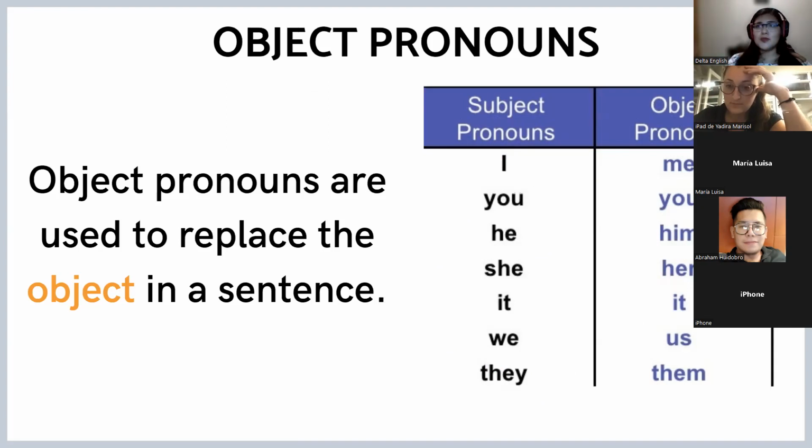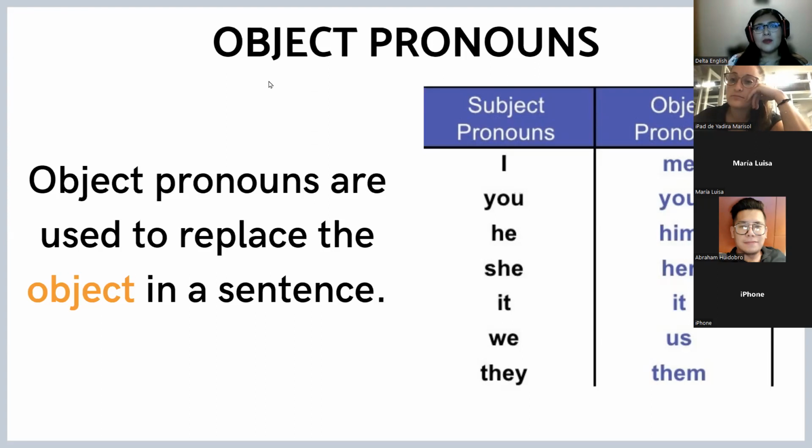En lugar de decir mi esposo y yo, puedo decir nosotros, we. En lugar de decir mis papás, puedo decir ellos, they. Entonces, esa misma lógica yo le voy a aplicar, pero ahora a los objetos en lugar de a los sujetos. So, what happens?